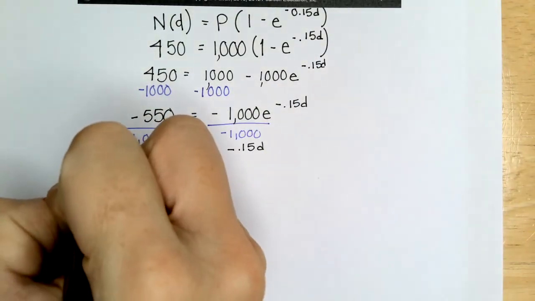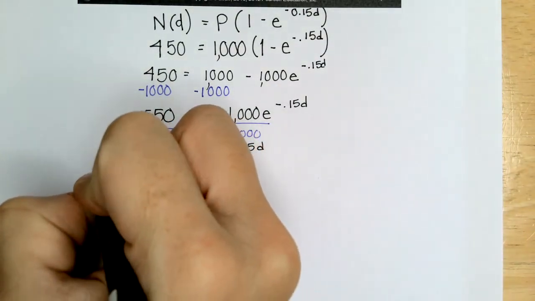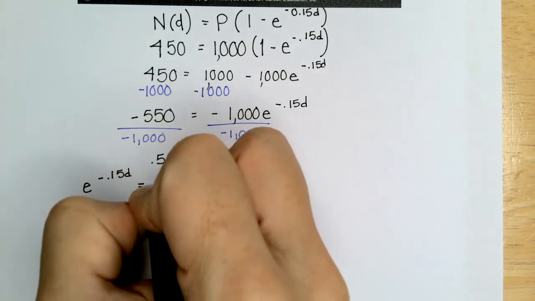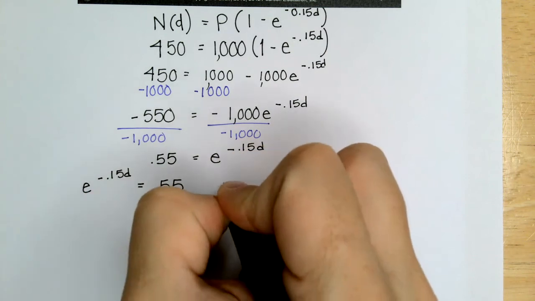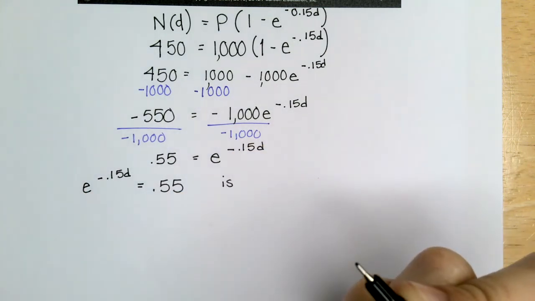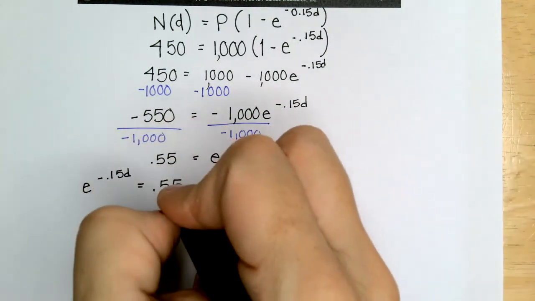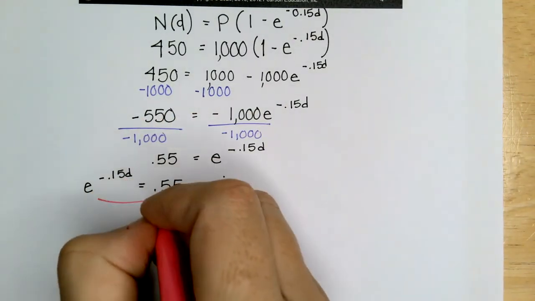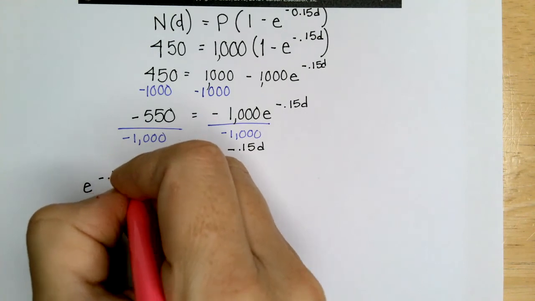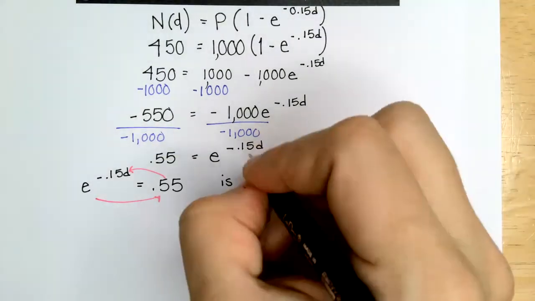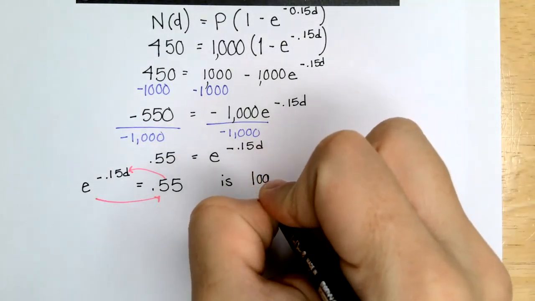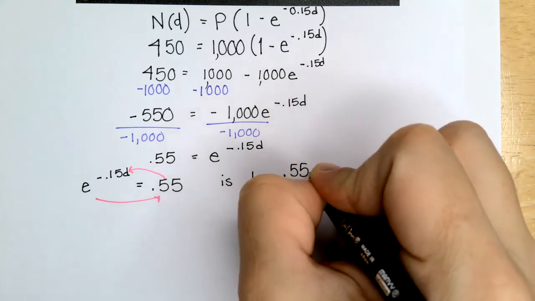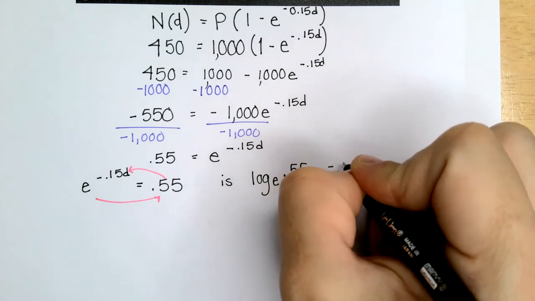So e to the negative 0.15D is 0.55, which is the same as log base e of 0.55 is negative 0.15D.